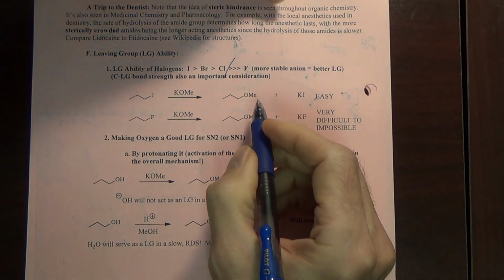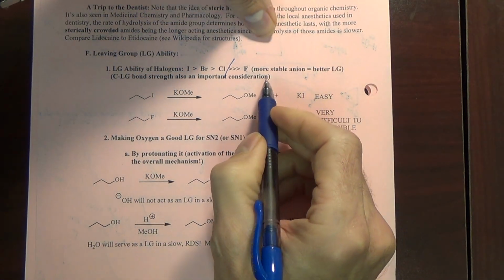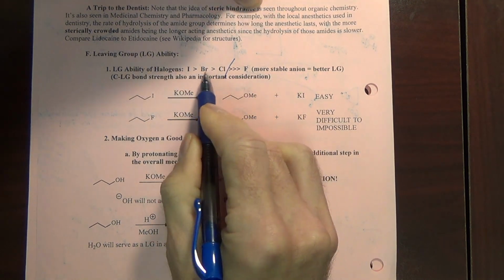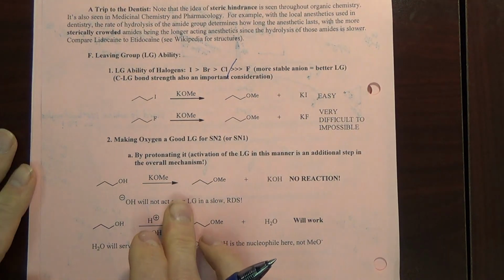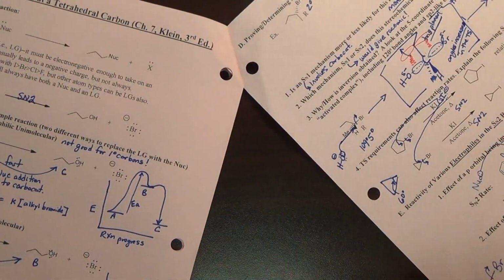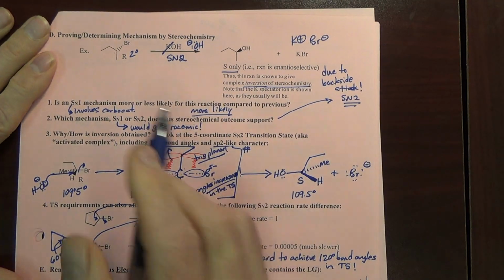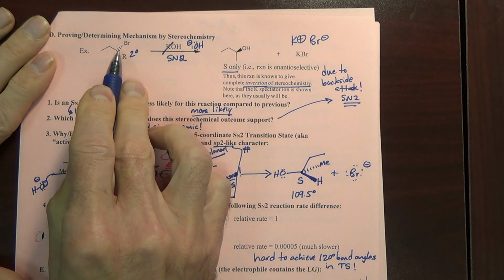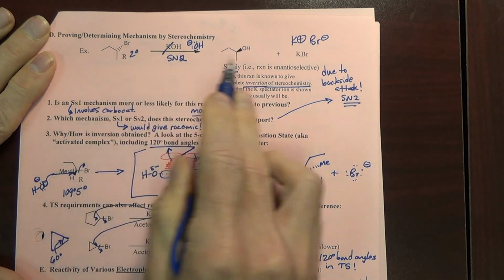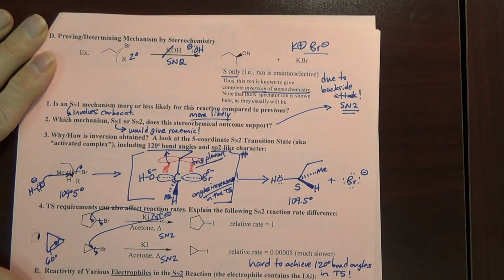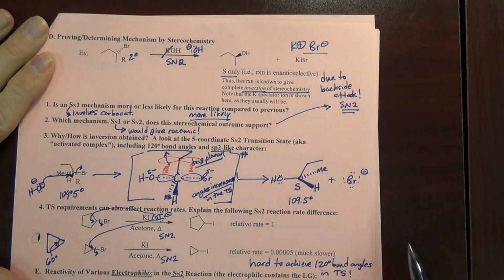This is largely based on the stability of the resulting anions. When these serve as leaving groups, they're going to leave as the anion. In previous reactions, we showed hydroxide displacing the bromine, and it left and it became bromide, the anion.